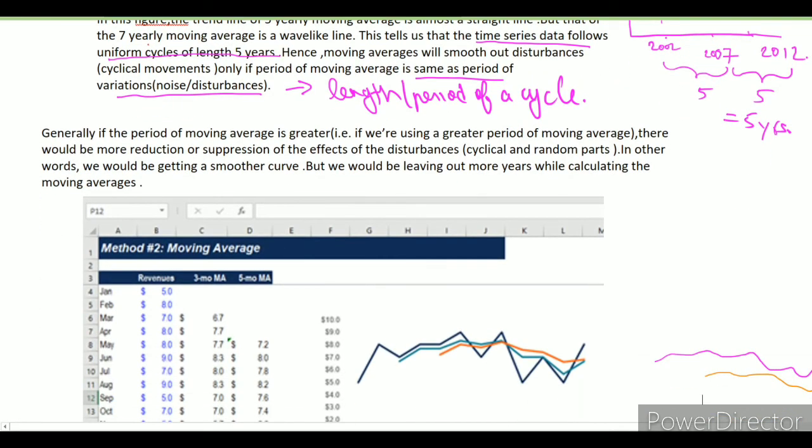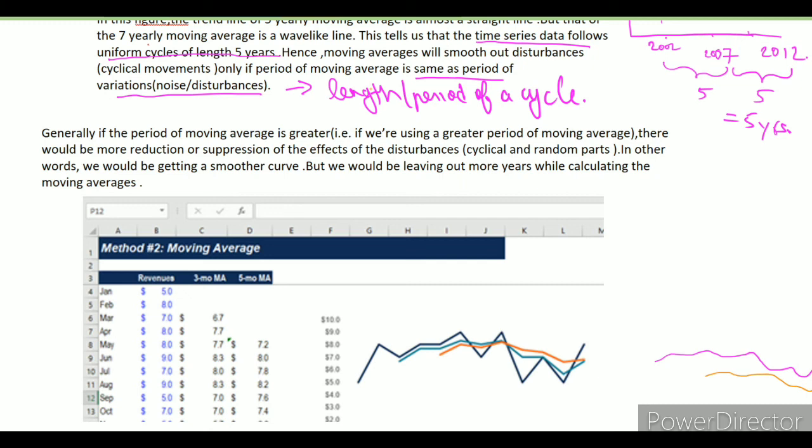But remember, unlike the least squares method, where we're able to find the trend values for all the years, in the moving average method some years are left out. For example, if we are using a 3-year moving average, the first year and the last year are left out. In other words, we cannot determine the trend values there. It is only for the values in between that we're able to find the values. In case of a 5-year moving average, the first 2 years and the last 2 years are left out.